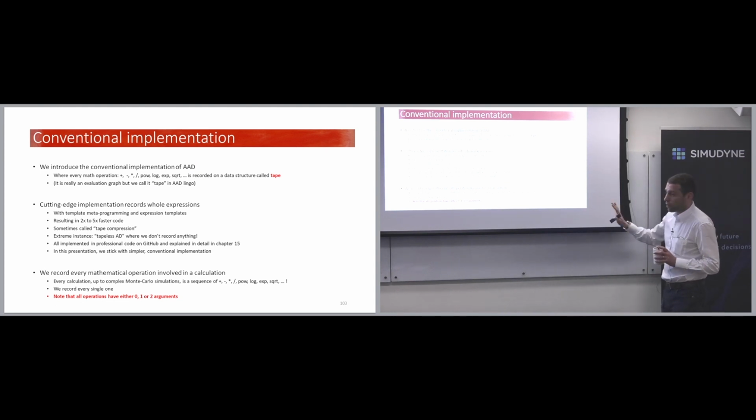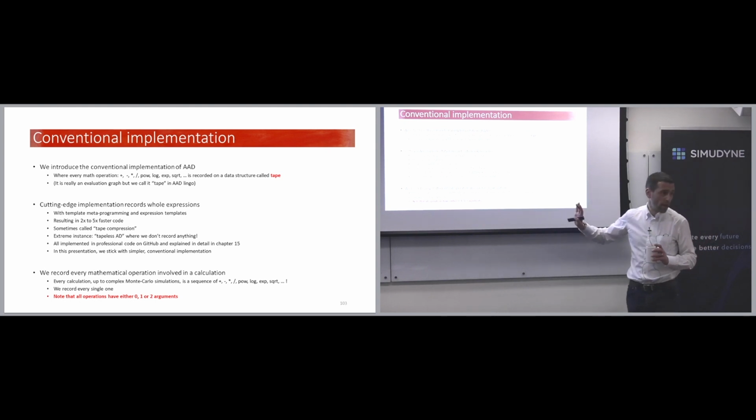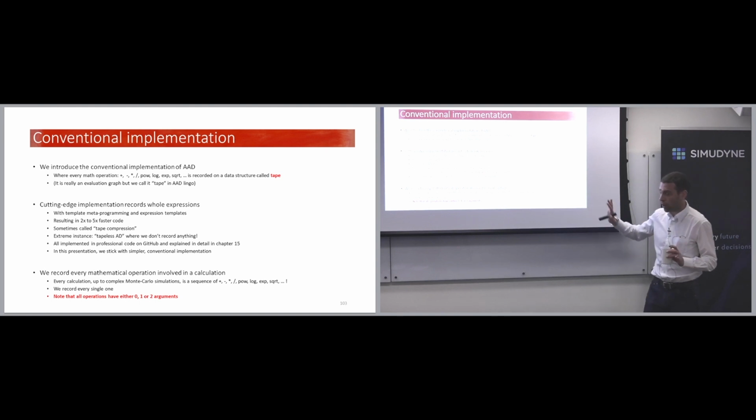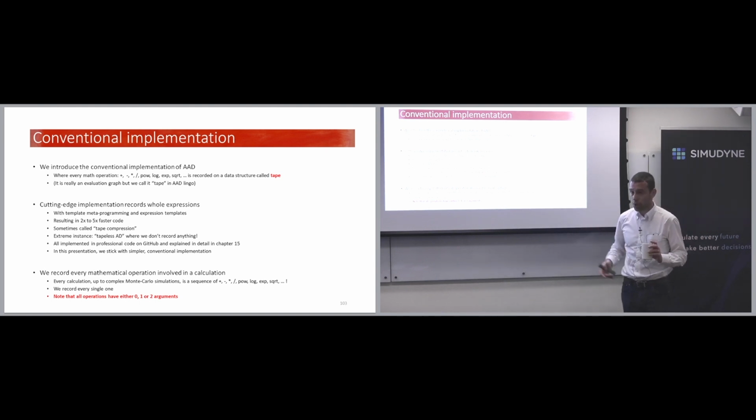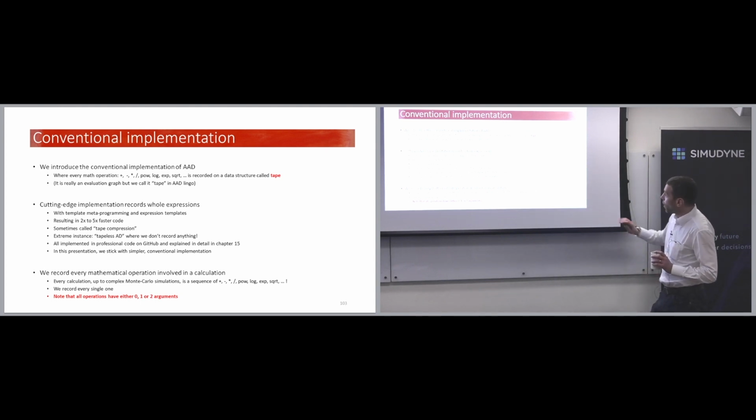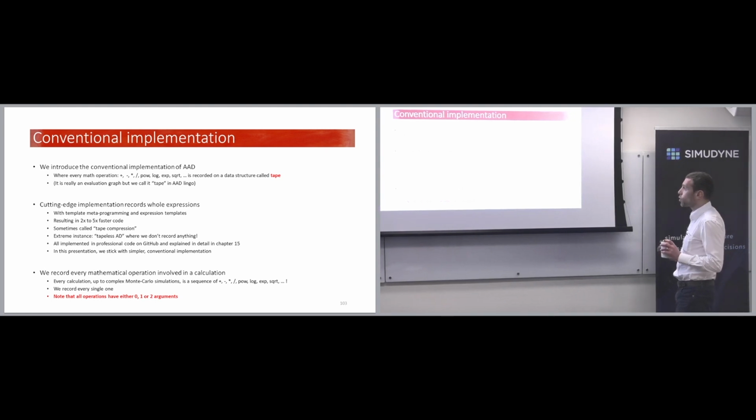Now what I did so far, I didn't really explain how to implement AD. Don't worry, I will be much more precise than this. At the moment, I just introduced the notion of operator overloading. So now I'm going to show you how we can implement AAD with that. And what I will introduce is what is now called the conventional implementation of AAD.